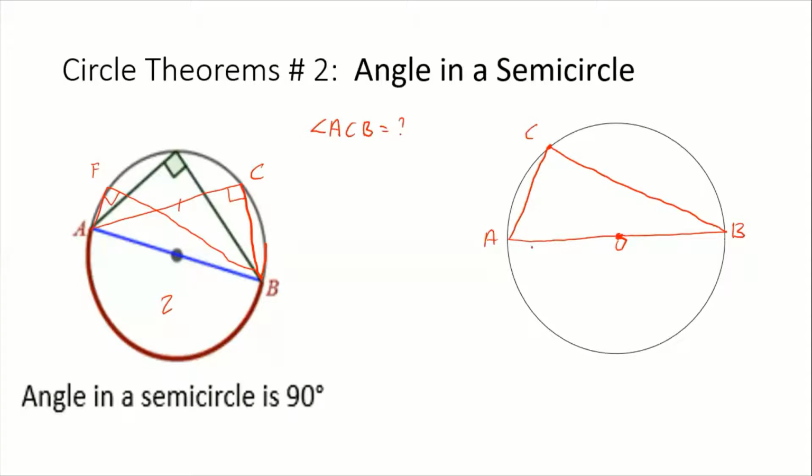But this is not the only line there. You also have another line from point A here going towards this point over here. We're going to call it D, and a line from D going back down to B. So you're also asked to find the value of angle ADB.